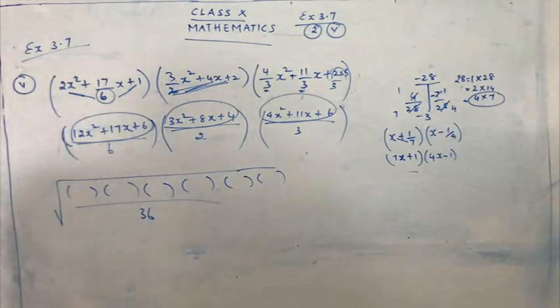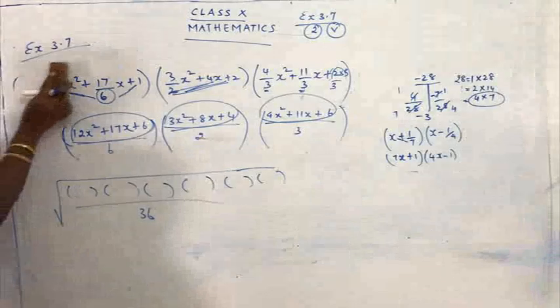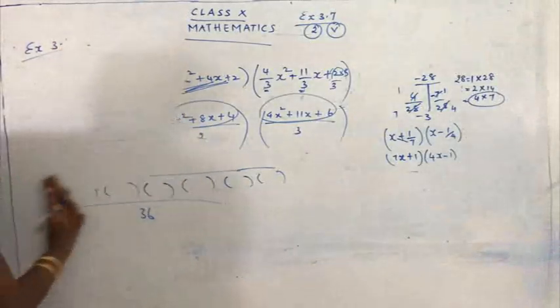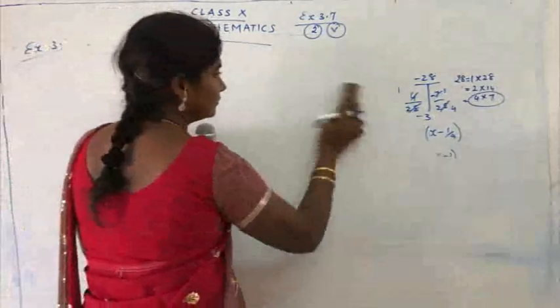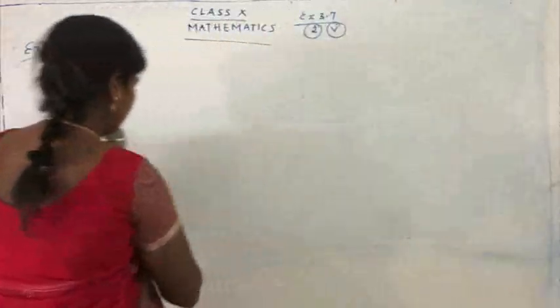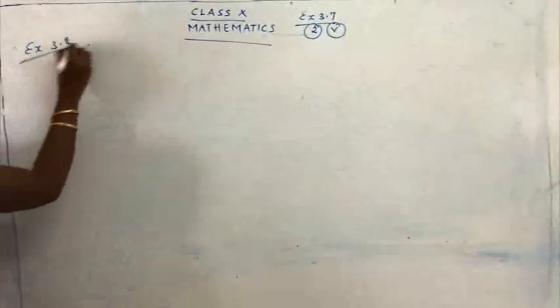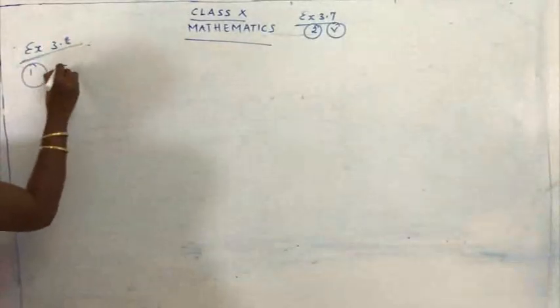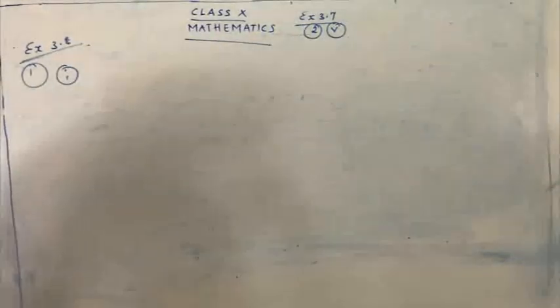Let's start with the first sum. Okay, so take down the question. Exercise 3.8, sum number 1, first subpart. It's finding square root by division method.